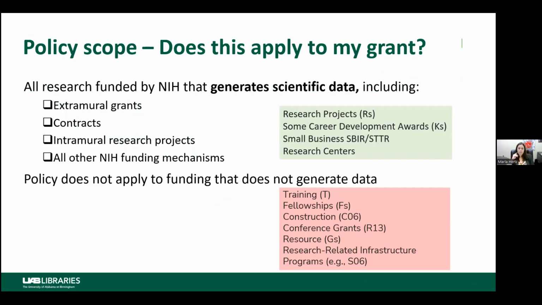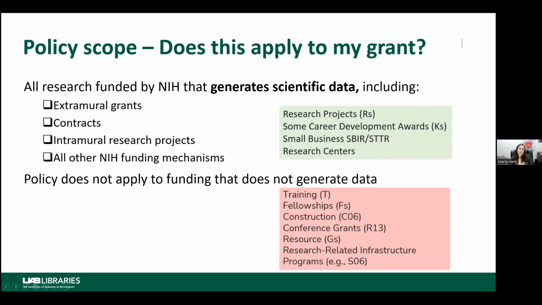So I'll go into those in a little bit more detail in a second, but I think what's probably in the forefront of your mind is, okay, does this apply to my grants? So starting again, January 25th, it'll be all research funded by the NIH that generates scientific data, including extramural grants and contracts, intramural grants, all NIH funding mechanisms.